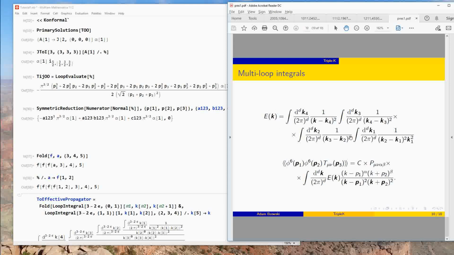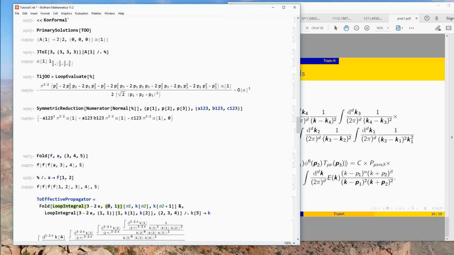So if we want to calculate this effective propagator, we can now use Fold. The starting point, so this a here, will be just this most inner integral. So this is a loop integral in 3 minus 2 epsilon dimensions. The standard propagators, numerator is 1. We integrate over k1 as here. And the result depends on k2, which is here. And then we recursively substitute the results to the next loop integral.